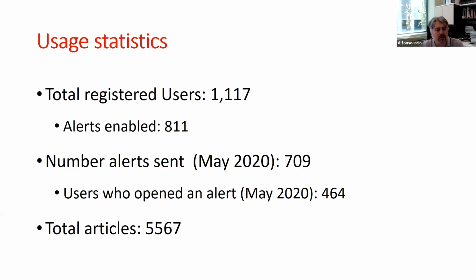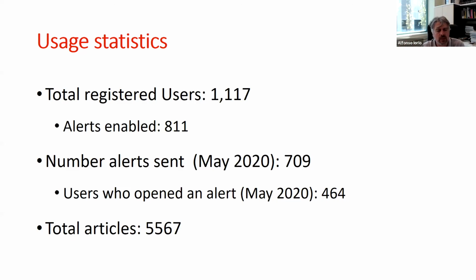How many articles have we selected over five years? PAIN Plus has been active now for five years, six years actually, including the prototype that we used for the CHR application, about 5,000, which is still a large number. But if you spread it over five years, it is a reasonable number, a couple of articles per day, and they are organized in disciplines and topics, so everyone really needs to read only a subset.